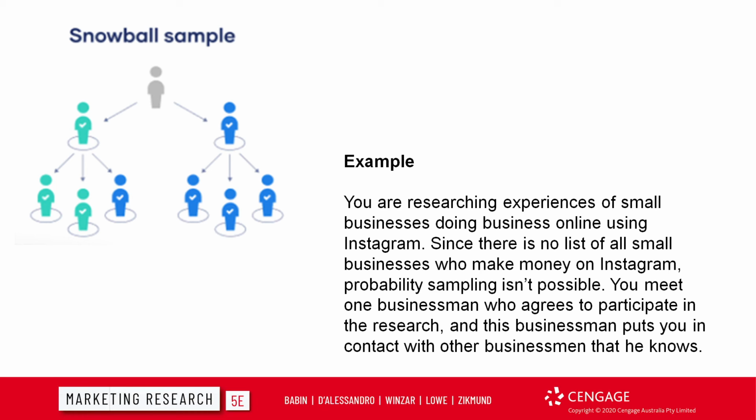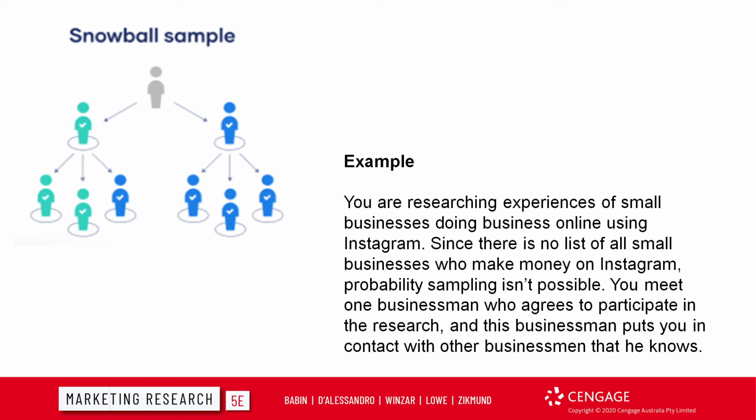The next one is called snowball sampling. If the population is hard to access, snowball sampling can be used to recruit participants via other participants. The number of people you have to access snowballs as you get in contact with more people. For example, you are researching experiences of small businesses who do business online using Instagram.